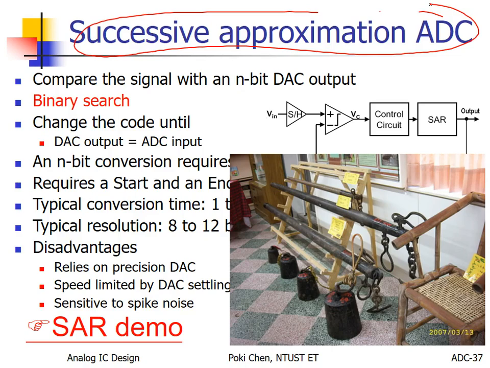To weigh something, we just use a hook to pull up the goods. They would like to weigh it. But first of all, they will use the largest weight and put it down on the other end. If it looks like this, oh, not enough, then the second largest. Oh, too much, they take it away, then the third largest.